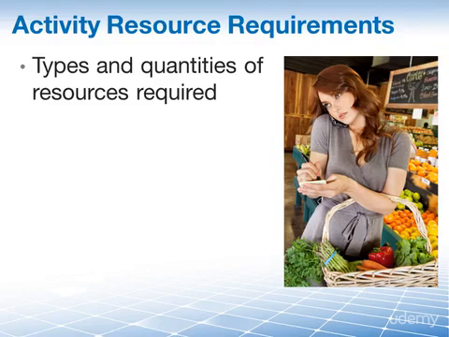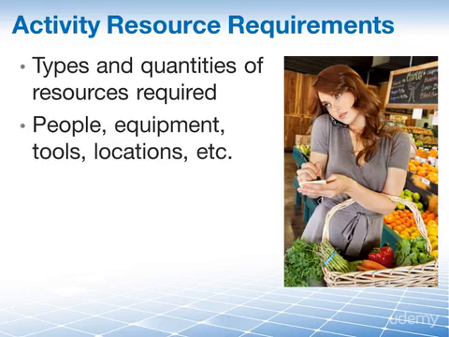The activity resource requirements, when you consider them collectively, are like a shopping list in a way that will list the people, equipment, tools, locations, and so on that are required by your project. But unlike the woman here in the photo, you don't want to be creating this list at the very last minute when you're already in the shop there with your shopping basket.